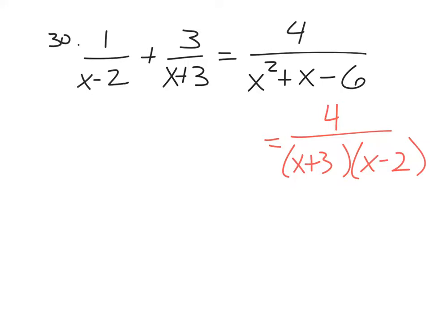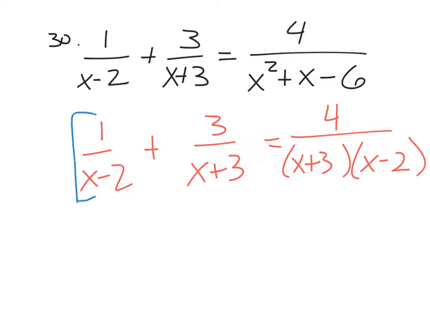And now this is nice because you notice that our other factors in the denominator are also x minus 2 and x plus 3. So again, I don't want to get common denominators. That's a pain. So then I'm going to multiply everything by x plus 3 and x minus 2.